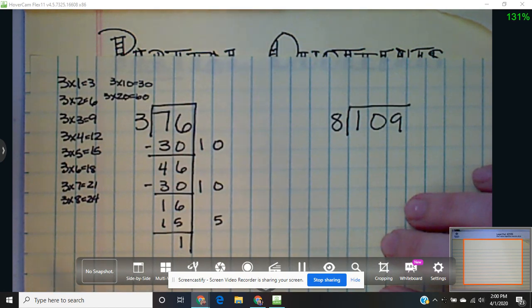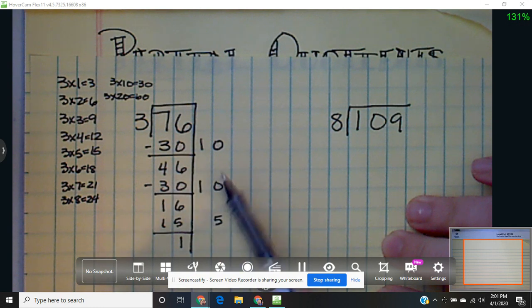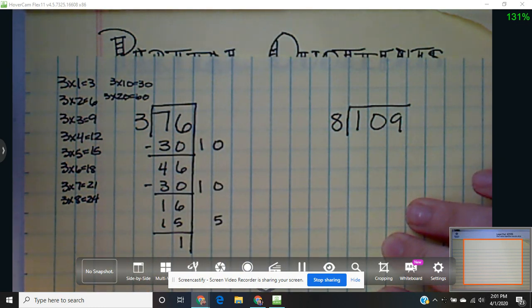Okay, now partial quotients is great. Back to that root word of part, because I started with a group of 10 and then another group of 10. But maybe you made the connection and you decided to take a group of 20 out the first time. That's okay. The parts that we take out each time don't have to be identical to each other, but we'll still get to the same quotient in the end.